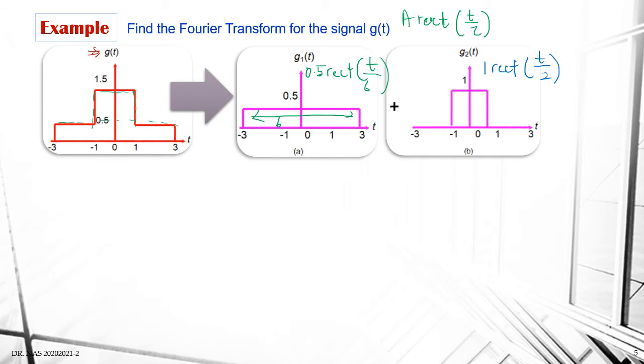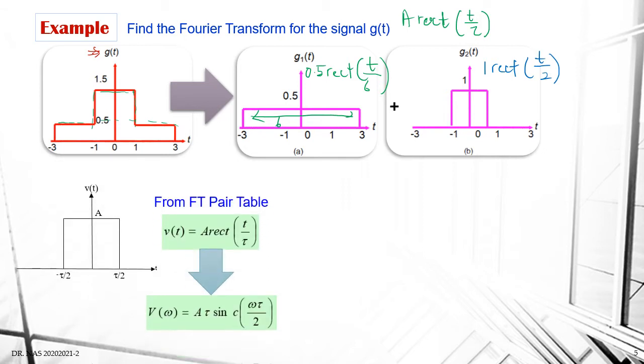Once you have the equation in time domain, you can convert it into the frequency domain. Obviously the rectangular function in time domain will produce a sinc function in frequency domain. To avoid confusion, just refer to the Fourier transform table. The rectangular function will produce A tau sinc(omega tau over 2). Now you need to work on both signals g1 and g2.